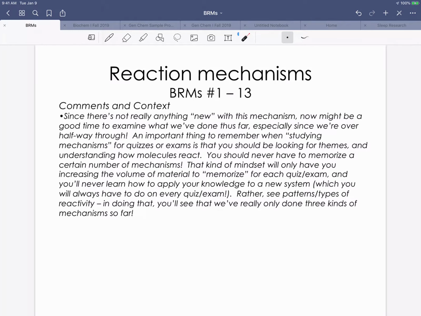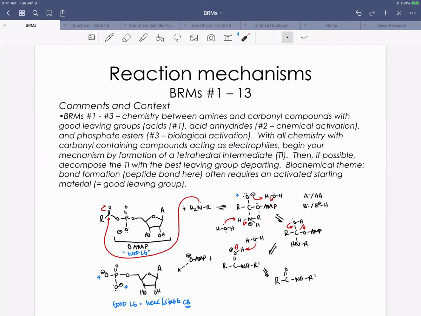So we're going to summarize what they are, and hopefully, since you've done them already, it'll be an opportunity for you to see that information together. So the first reaction mechanisms that we did, reaction mechanisms 1 through 3, were chemistry between amines and carbonyl containing compounds. Now in this case, the first mechanism was actually not to make an amide bond, which is what everybody wanted to do.